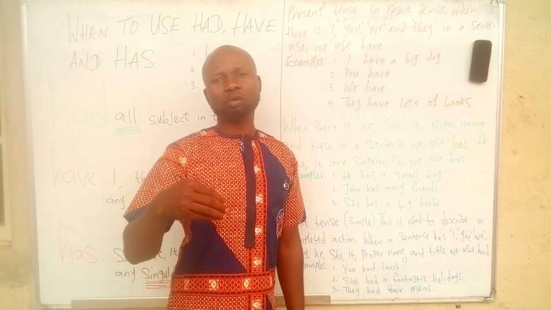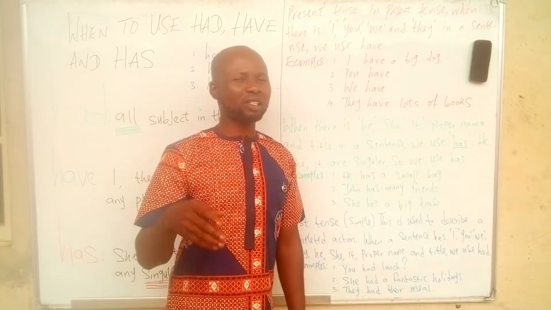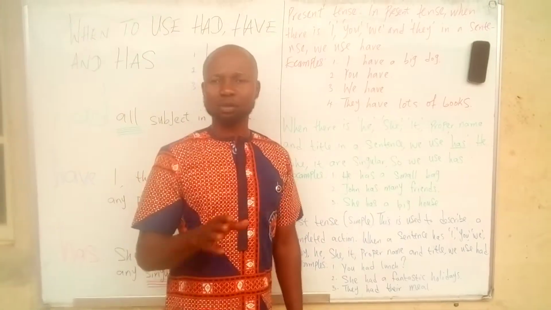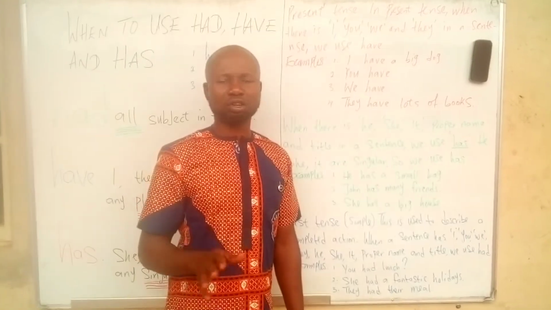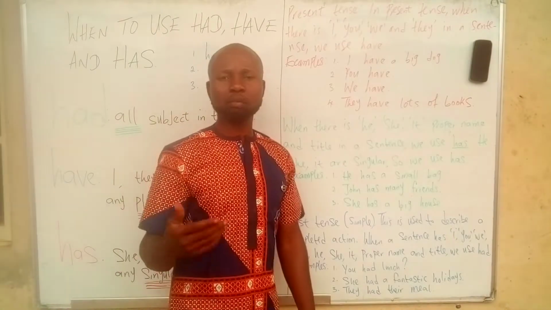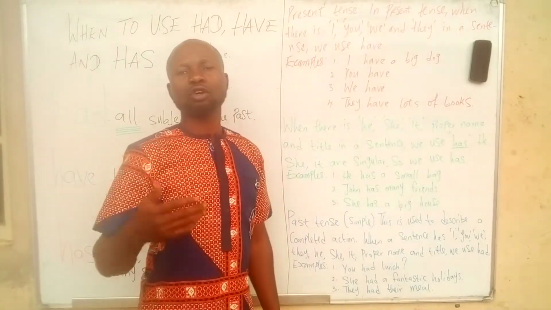But in simple present tense, we don't have that. In simple present tense, it usually has s. But when we say present tense, it's just at the moment. Then you have, maybe you have a book. Let's say we have, maybe what?